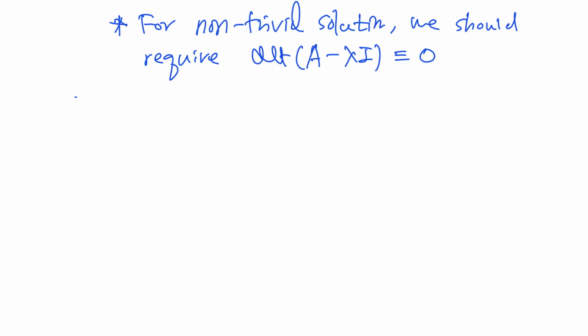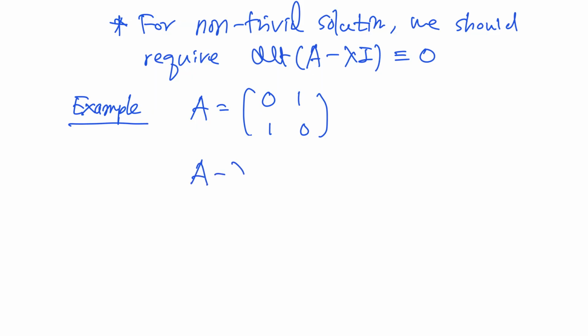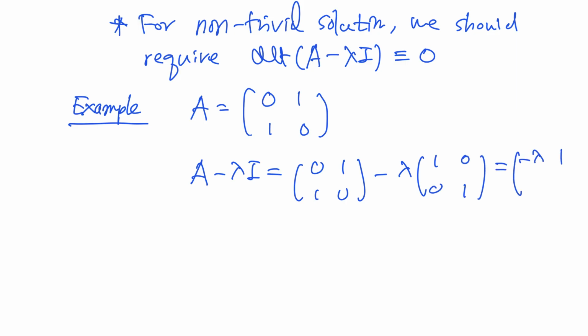So let's consider an example. A is one of the Pauli matrices. A − λI is [[0,1],[1,0]] − λ[[1,0],[0,1]], which is [[−λ,1],[1,−λ]], right?